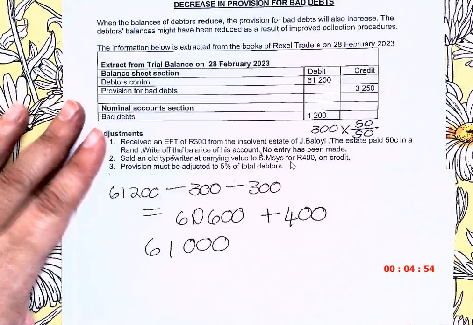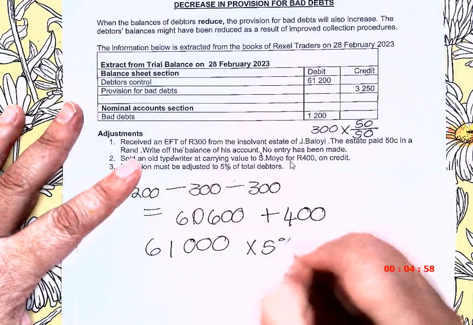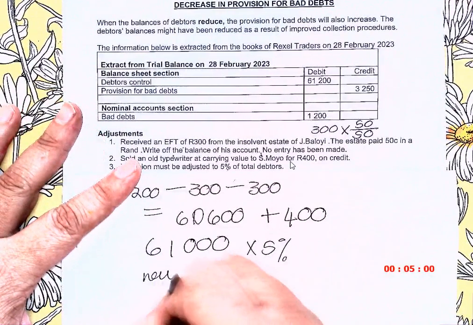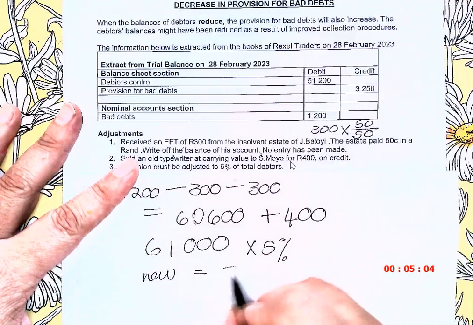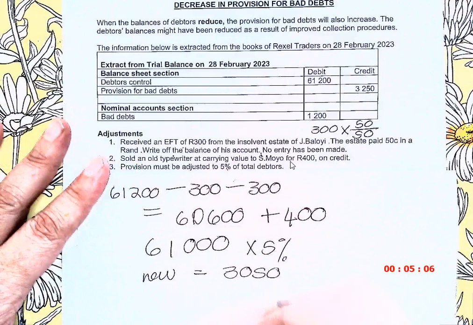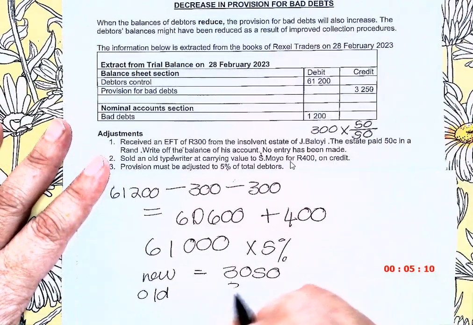I need to adjust to 5% of the debtors. So what's my new provision? 3,050. What's the old one? 3,250.